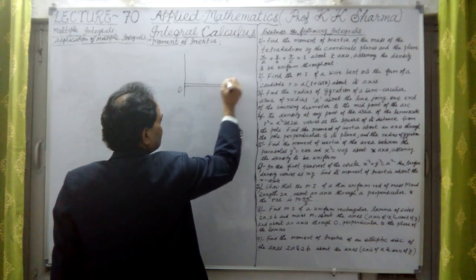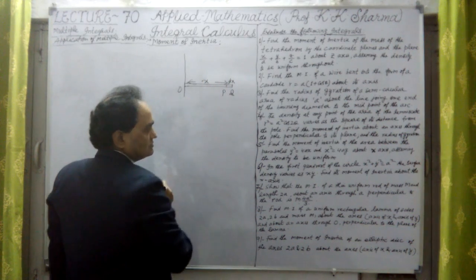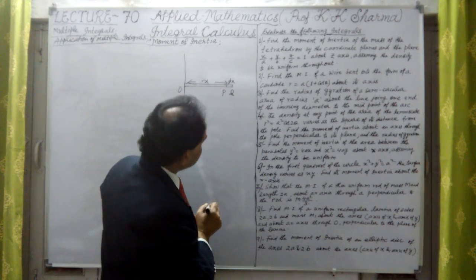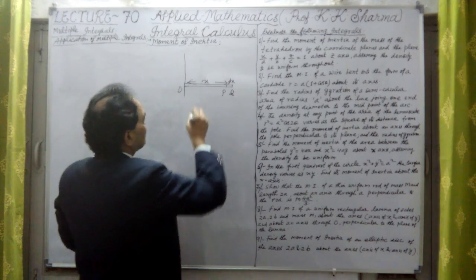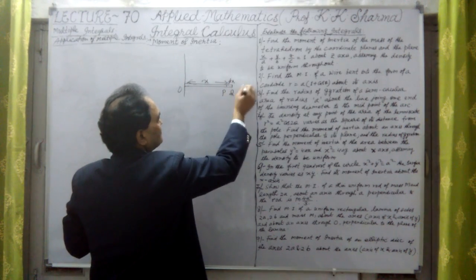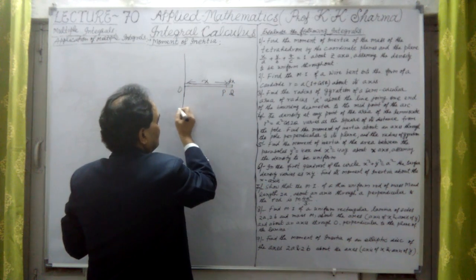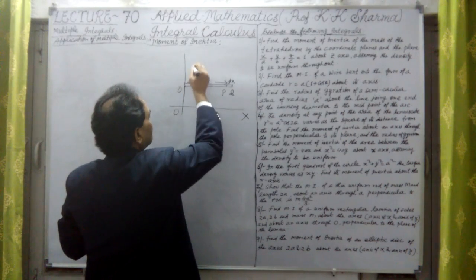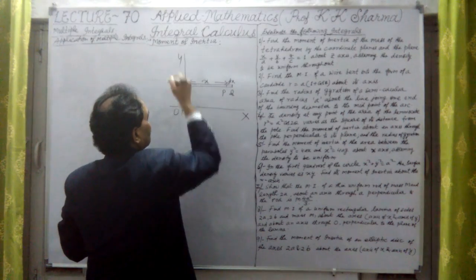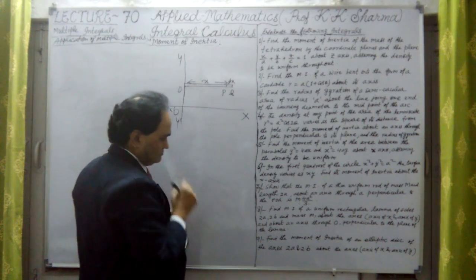Q is ds, and this is the x distance. Now, this is about the axis of x. This is the axis of x, O, and this is y here. Axis of y, this is y dash, and this is x dash.